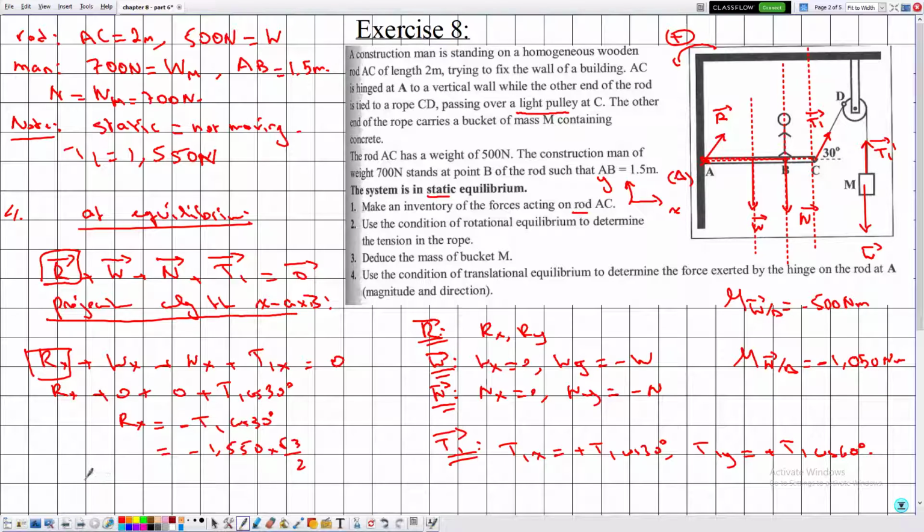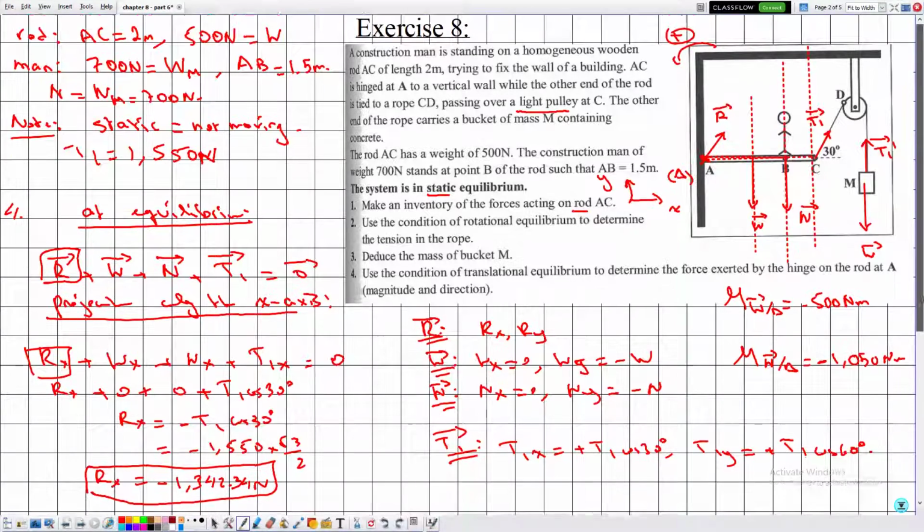On the calculator the value of Rx will be given by minus 1342.34 in newtons.